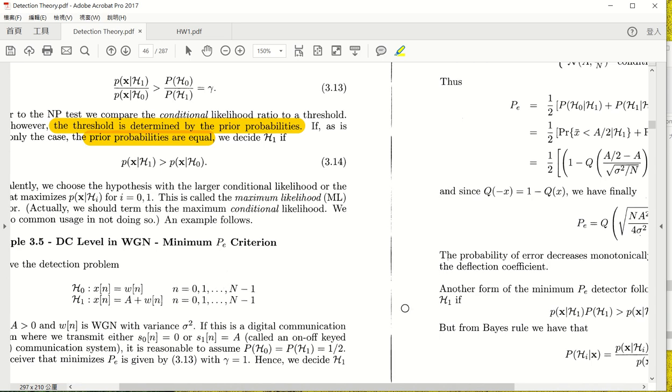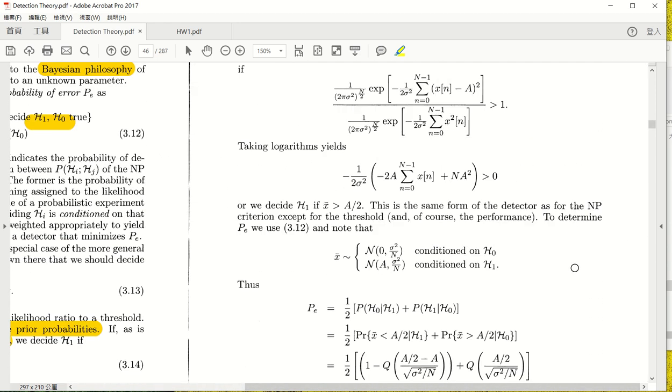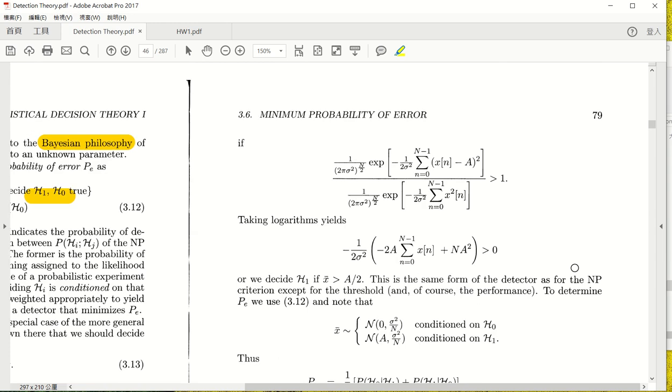I'm not going back to that page again, but I want you to think about it. In the previous class, we talked about the probability density function for multiple samples, which is the vector version of the Gaussian random variable.